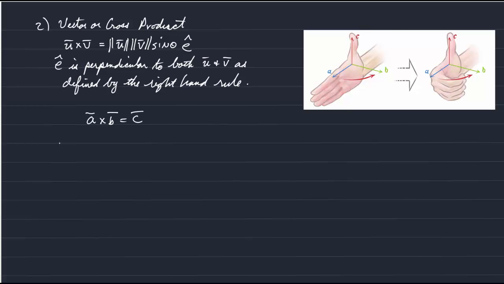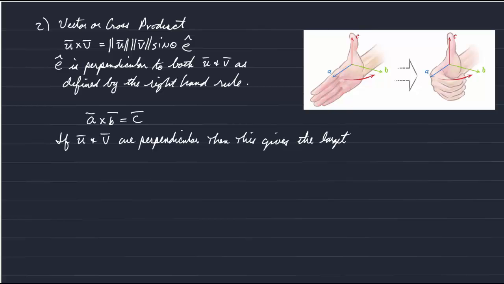Now, a property of the vector product is if U and V are perpendicular to each other, then this gives the largest cross product possible.